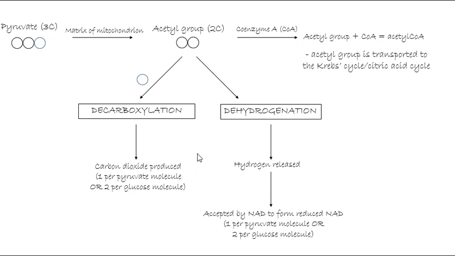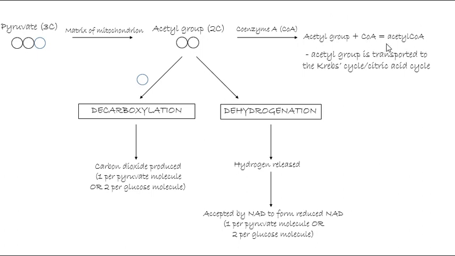Alright, so now that we know what exactly happens to cause the conversion of pyruvate to acetyl group, let's look at what happens to the acetyl group once it has been formed. So this 2-carbon acetyl group combines with coenzyme A. Now this coenzyme A is usually abbreviated as capital C, simple o, and capital A. So this 2-carbon acetyl group combines with coenzyme A, or CoA in short, to form a compound known as acetyl-CoA.